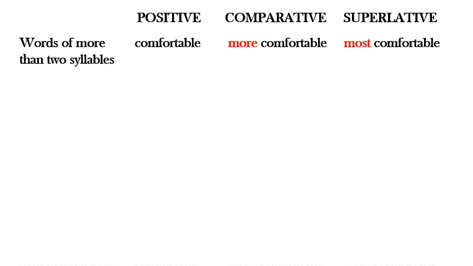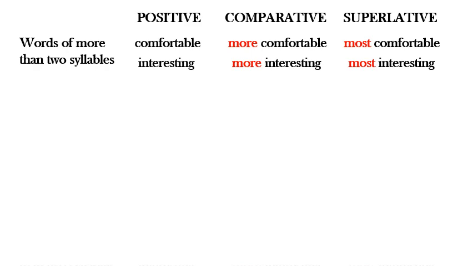And that one doesn't become comfortabler. That one won't work. It's got to be more comfortable. And you can't say comfortablest. It's actually most comfortable. Right? And the same, interesting, another 4-syllable word. It's more interesting and most interesting.